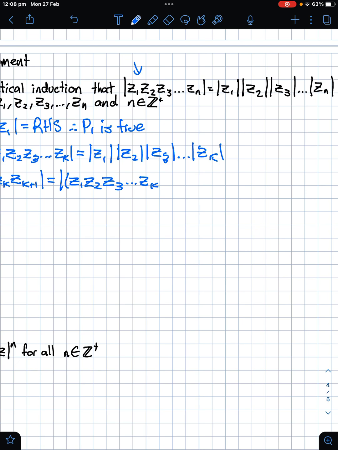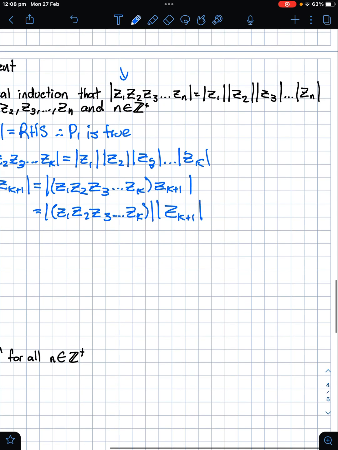You'll notice that's our original term there. Then our term outside this is going to be Zk plus 1, and we'll finish with the modulus. Our next bit is we're going to break this into two steps: Z1, Z2, Z3, dot, dot, dot, to Zk, and we've now broken this into two absolute values. We've split the Zk plus 1 out.